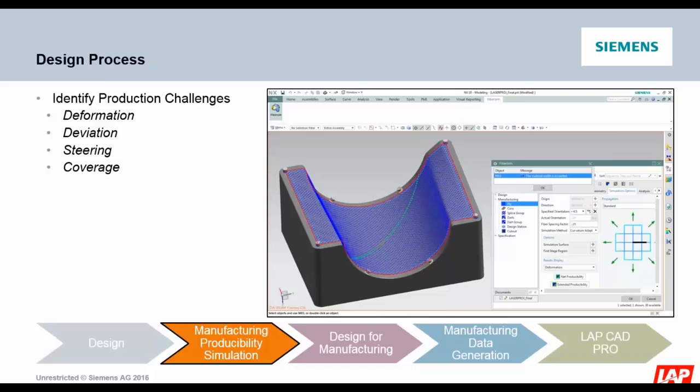To me, this is one of the pieces that our customers are able to achieve with this combination of FiberSim and LAP's solution, by being able to run manufacturing simulations that understand what the deformation of the material is going to be, whether it's going to cover the part even from a material width standpoint, things like steering and even fiber deviation, because you're trying to achieve some specific structural performance for a particular part.